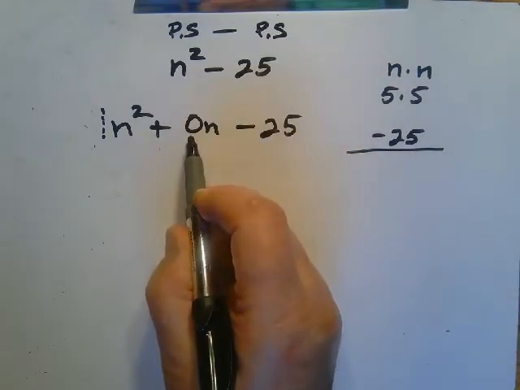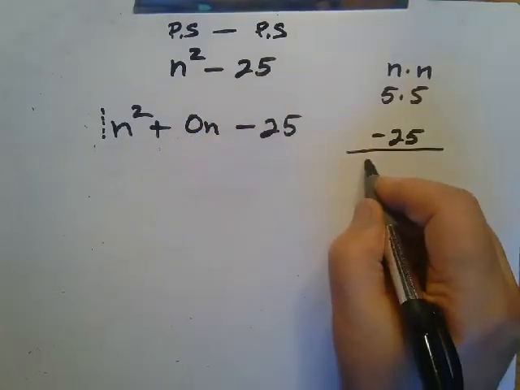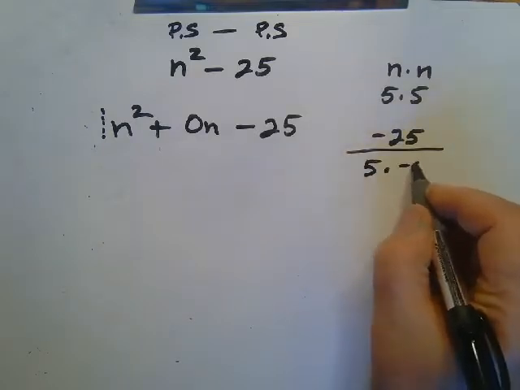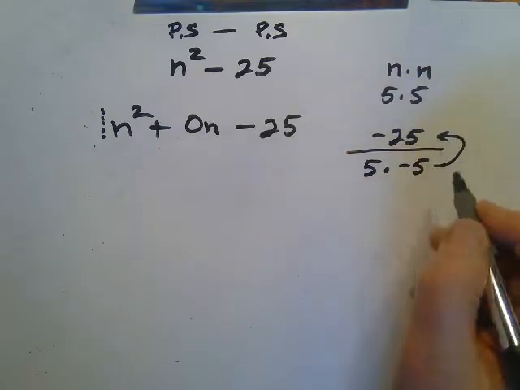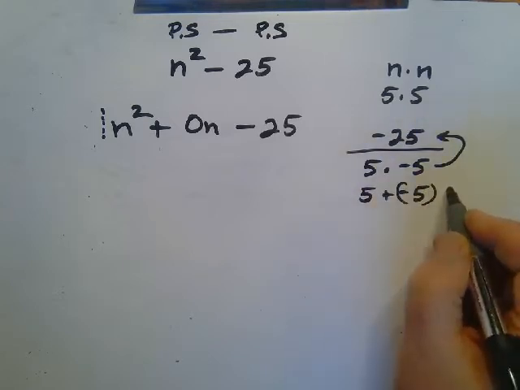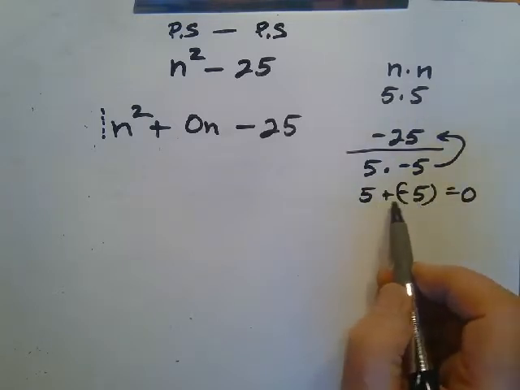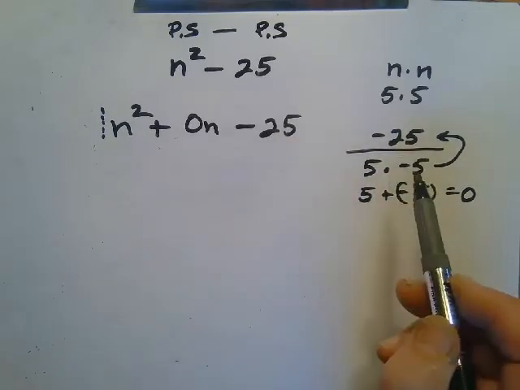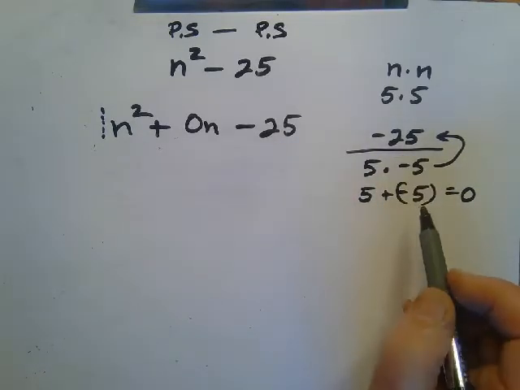This is 1 times negative 25. Well, if I add them together and get 0, don't they have to be opposites of each other? 5 times a negative 5 would give me negative 25, and 5 plus a negative 5 would give me 0. That's easy to see. It's just the square root of 25. So it's very easy to come up with.